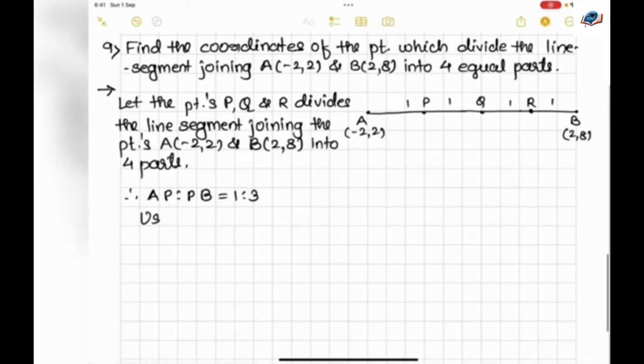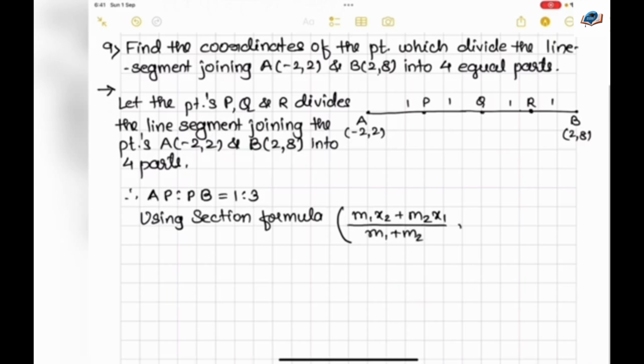So now using section formula, (m1x2 plus m2x1) upon (m1 plus m2) comma (m1y2 plus m2y1) upon (m1 plus m2).